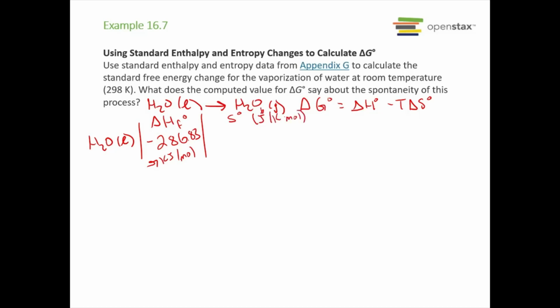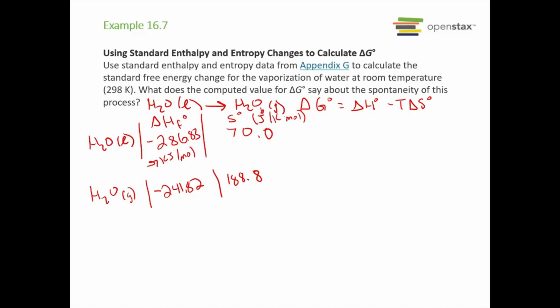So this one is joules. So notice we have some unit issues here. But for liquid water, its standard entropy is 70. And then for gaseous water, the enthalpy change is negative 241.82 kilojoules per mole, and the standard entropy is 188.8 joules per Kelvin per mole. So very important to notice that there are some unit issues here.